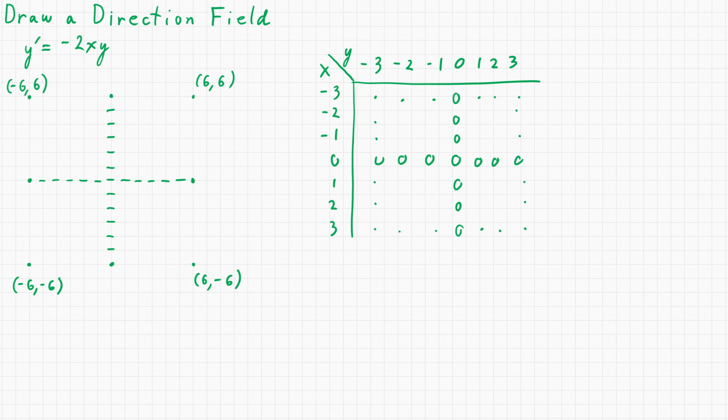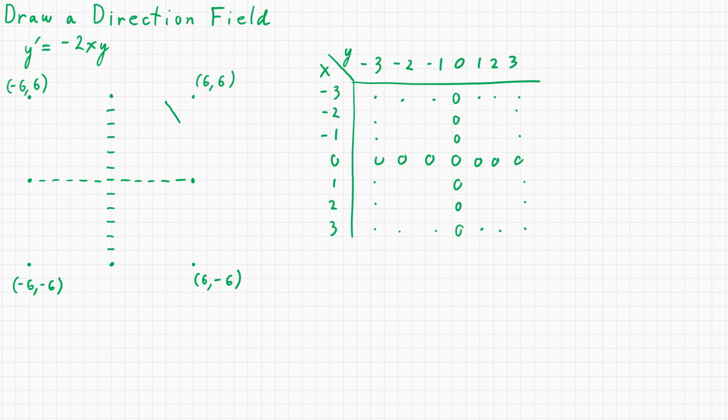Then the next thing is, I don't want to calculate all these, but the sign ends up being the same. So over here, when x is positive and y is positive, we end up with -2 times a positive number times a positive number. It's always going to be negative. So the slopes are all going down in this quadrant.